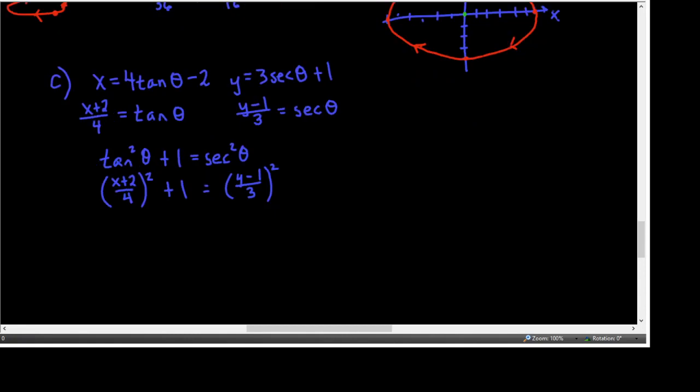So usually those fractions involved in these are together equal to 1. So I'm going to leave that 1 alone on the left side and subtract to get y minus 1 squared over 9 minus x plus 2 squared over 16. So that's a hyperbola.